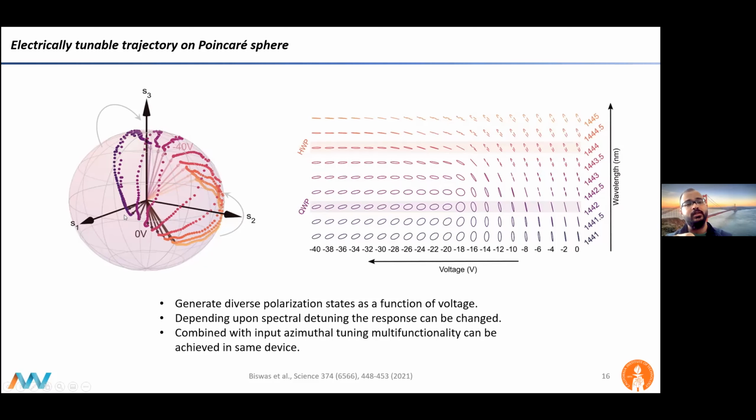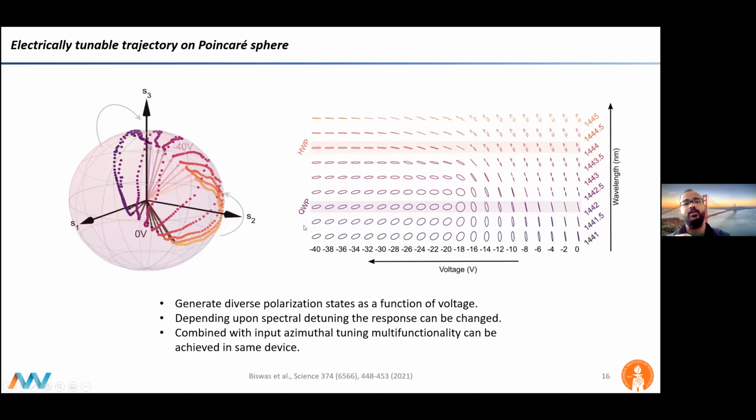So first of all, we can see that as we change the detuning of the cavity or the wavelength, we have this tuning in this direction. That's denoted by the different colors of the results. And then as we change the voltage or the doping density, we can traverse in an orthogonal direction. We can traverse all these polarization states as a function of the doping density. And so over here, I've highlighted the measured polarization states.